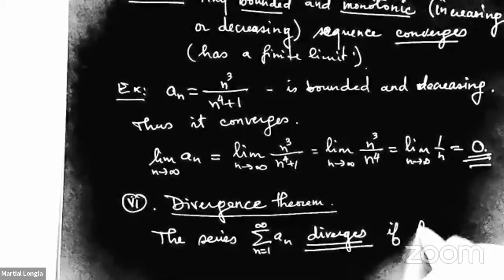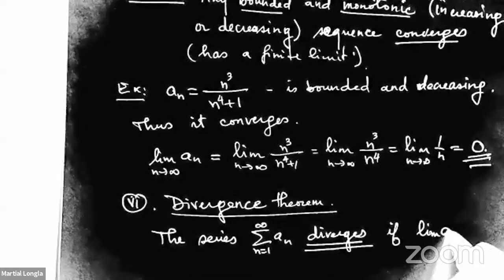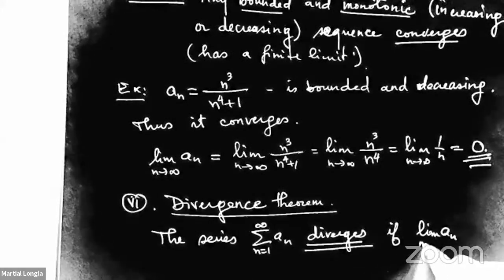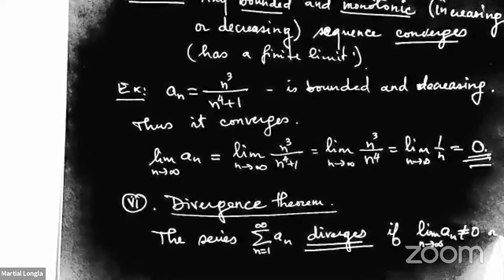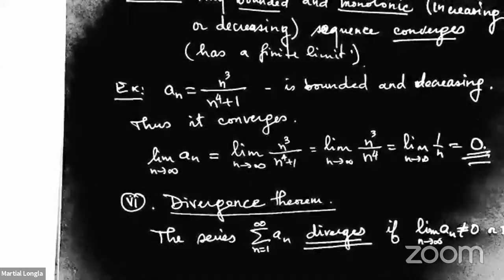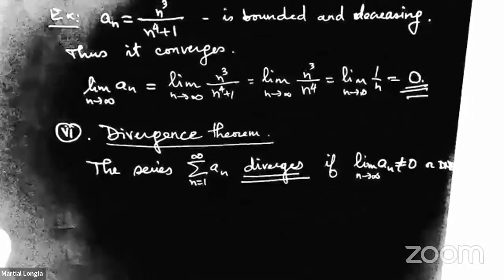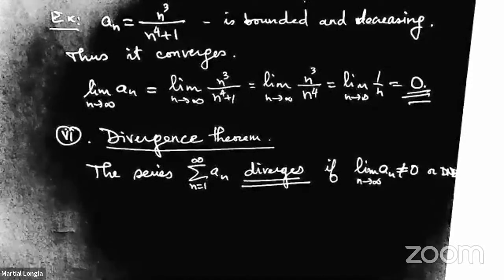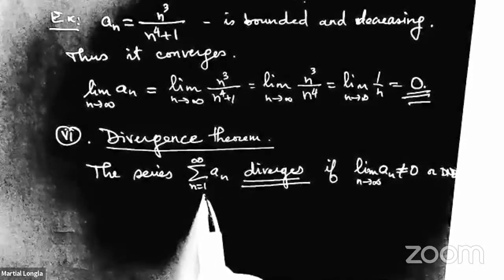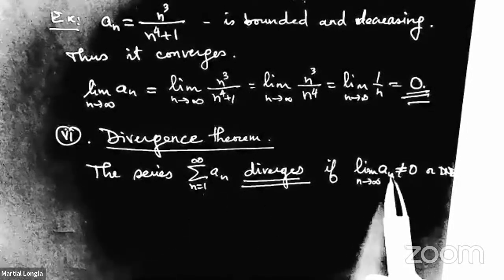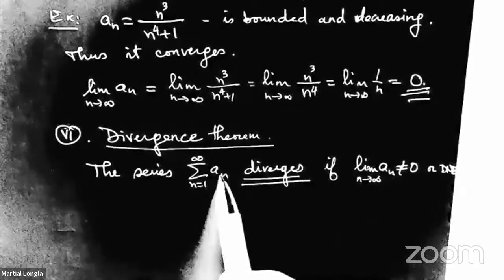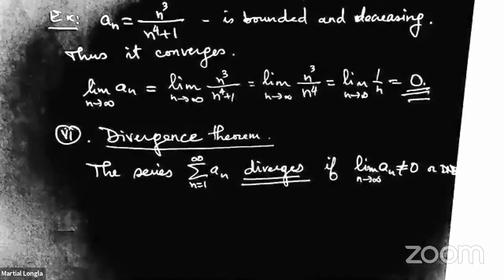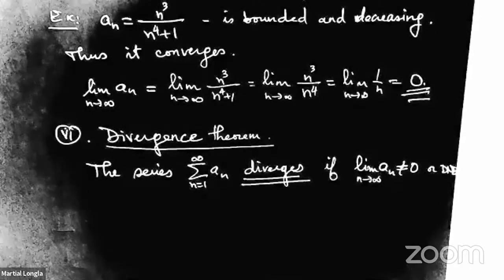Diverges if limit of a_n as n goes to infinity is not equal to 0 or does not exist. So if I have this infinite sum, the limit is not 0 or doesn't exist of a_n, one term, then we conclude that the series diverges.